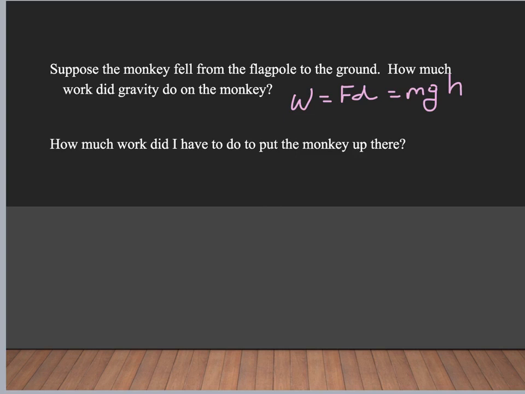Right? So look at that equation. What is that the equation for? Potential energy.